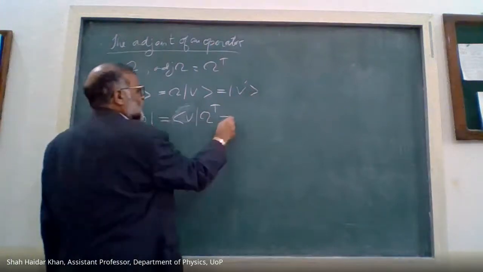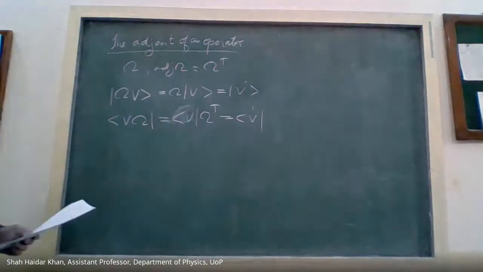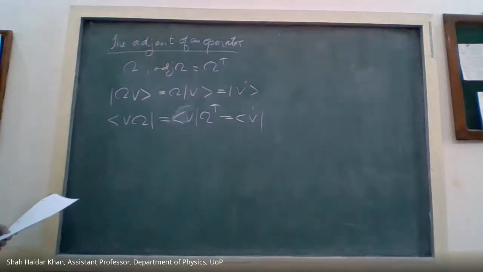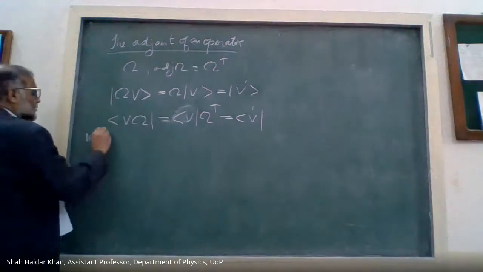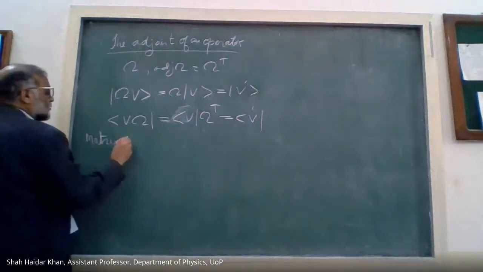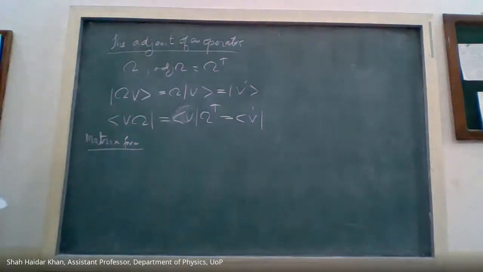It turns bra V into some bra V prime, right? Matrix form of the adjoint, right?